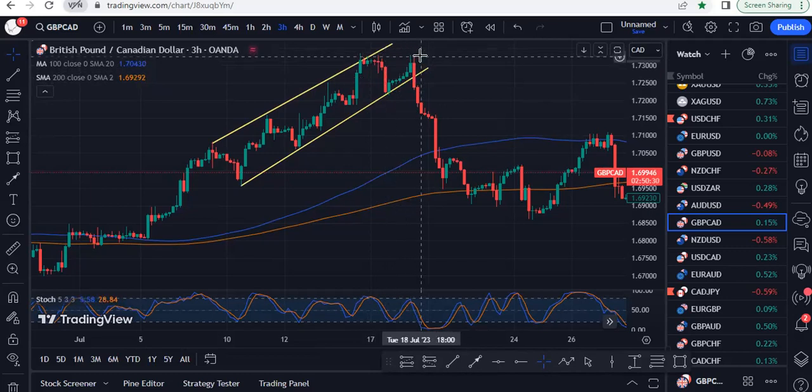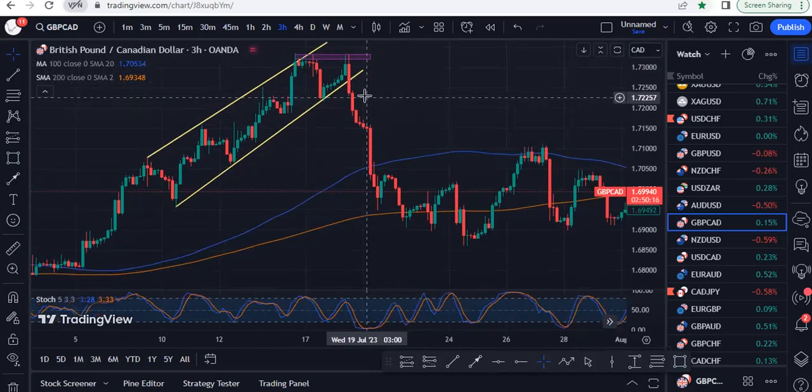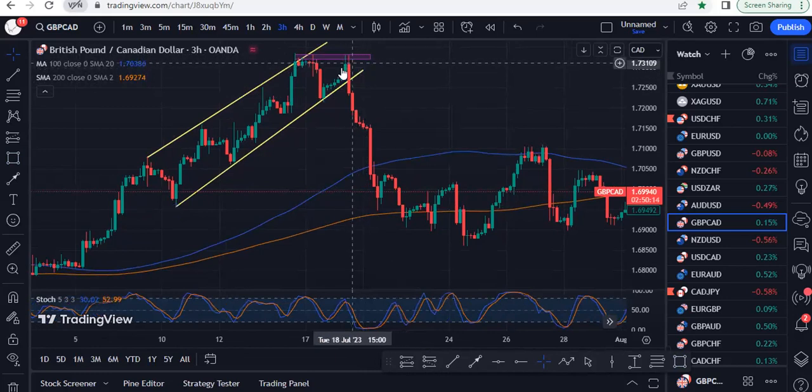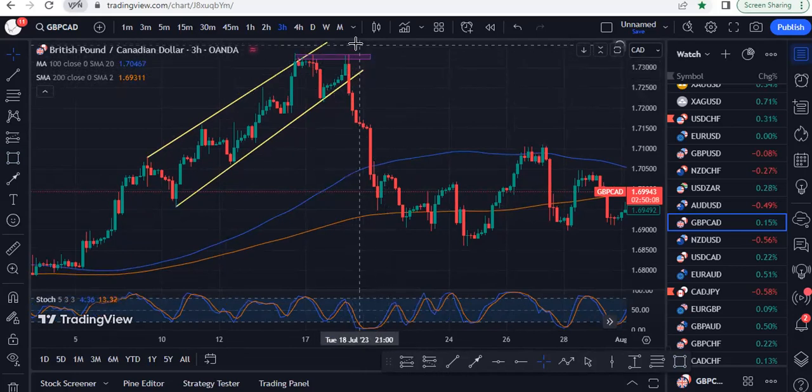There was no space anymore. Let me show you. There was no space anymore for the market to move. You can see there was little space left. Okay, I see it now. Yes, there was small space left. It makes sense now. Yes, the market needed to make a decision whether it breaks above or below. It makes sense now. Okay.